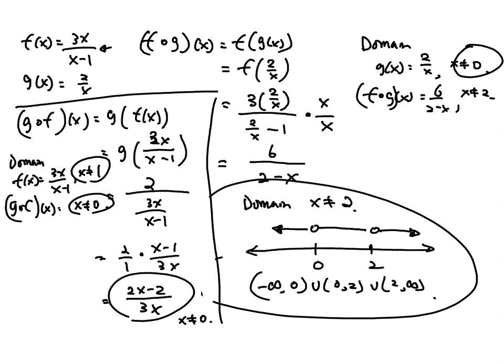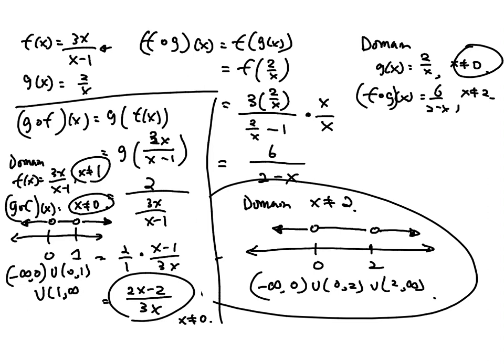So final answer. Here's 0, here's 1. Everywhere else except those values. So from negative infinity to 0, union 0 to 1, union 1 to positive infinity.